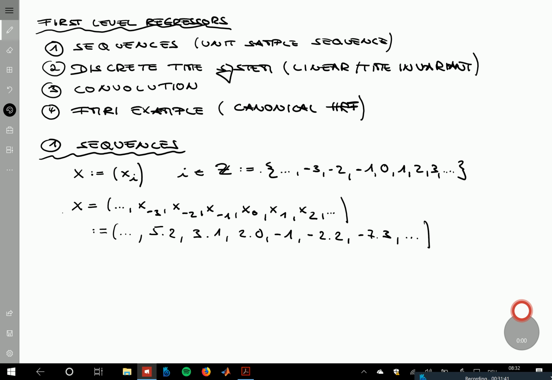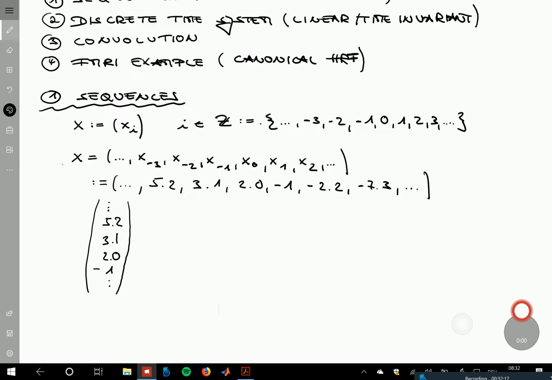And if you want to imagine these things as vectors, feel free to. The only thing is that I would usually think of them as columns, and it's an infinite thing. So that's a little bit different from actual vectors. One can of course do linear algebra and vector calculus with infinite things, but that's then more functional analysis.